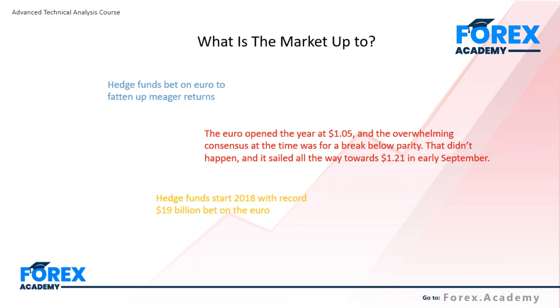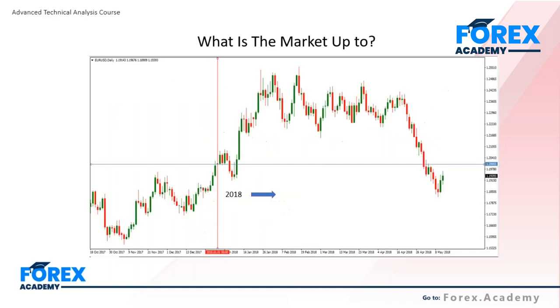And what we'll do to conclude today's webinar is we'll just take a look at euro dollar in terms of what it has done thus far. The vertical line highlights the beginning of 2018. So 2018 saw the hedge fund community going into the start of the year with a record long position in terms of volume.